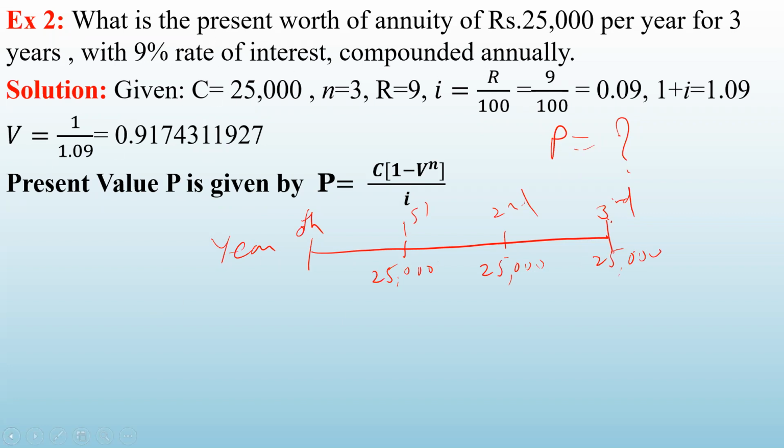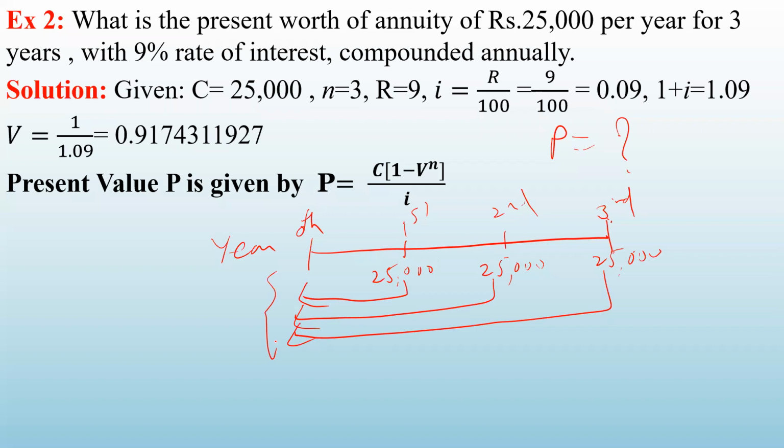You have to find the present worth. One way is to find the present value of all these three and add, or apply the formula directly. We have the direct formula available, so we are going to use this formula.